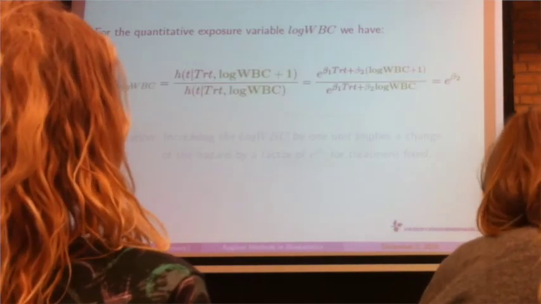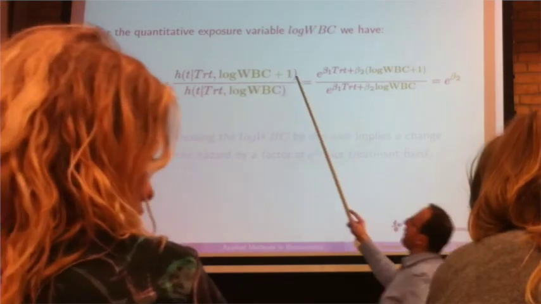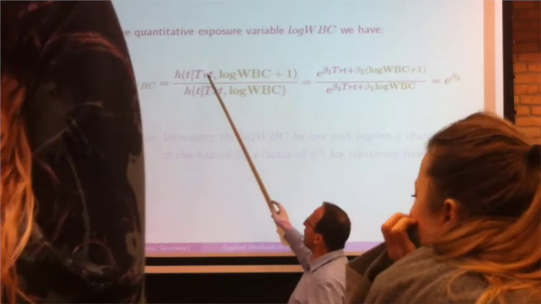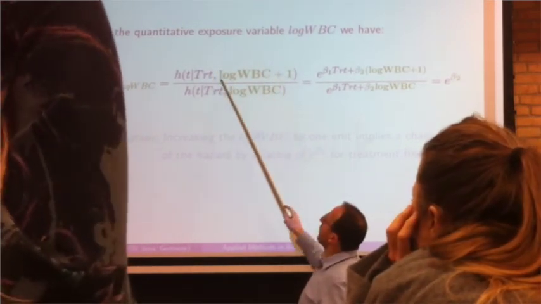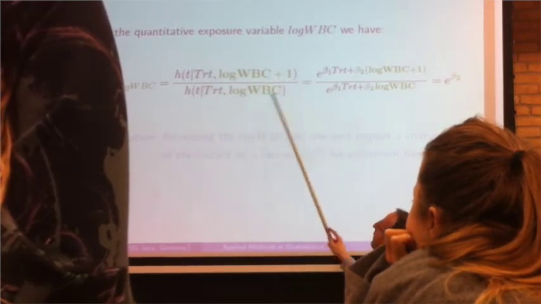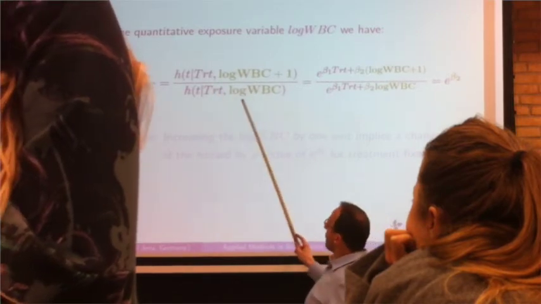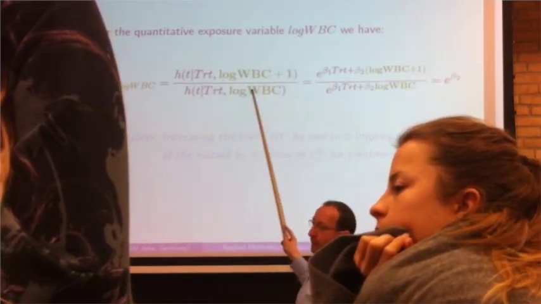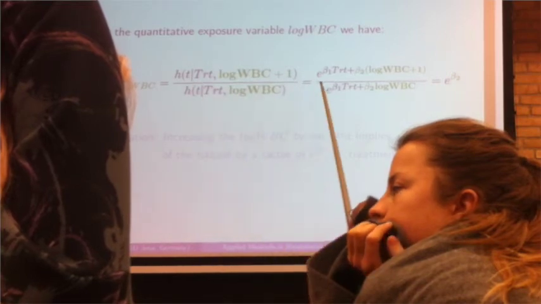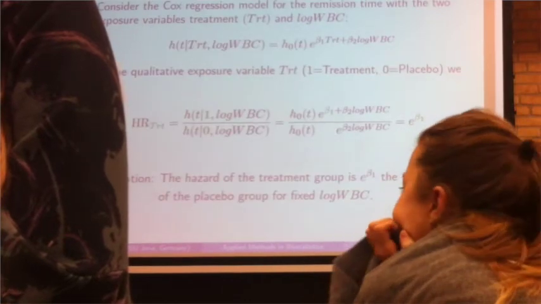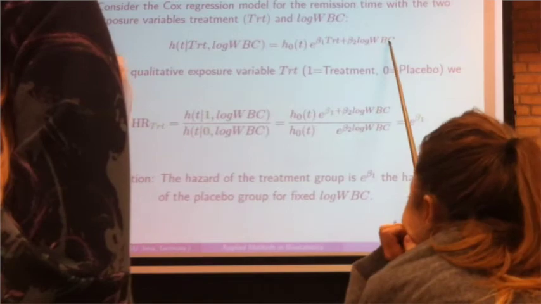We can do the same calculation. At first, we calculate the hazard function for a certain treatment group, maybe the placebo group or the group treated with the chemotherapeutic substance, adding 1 to the logarithm of white blood count cells, and divide this hazard by the hazard for the same treatment with the original logarithm of white blood count cells.